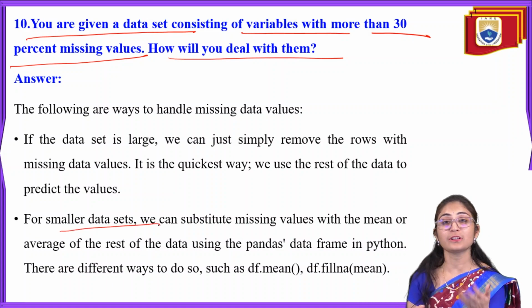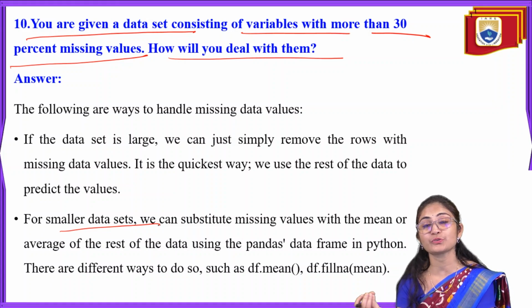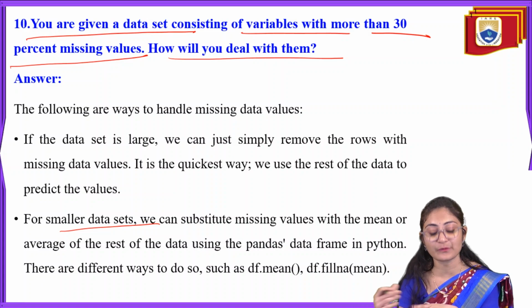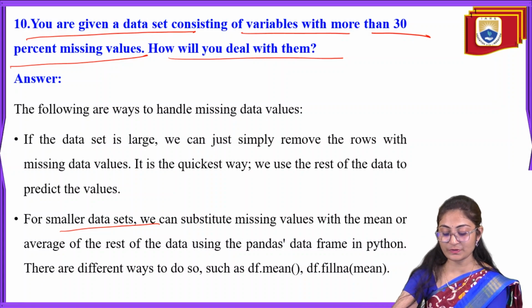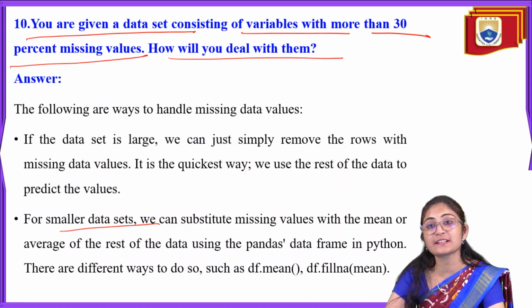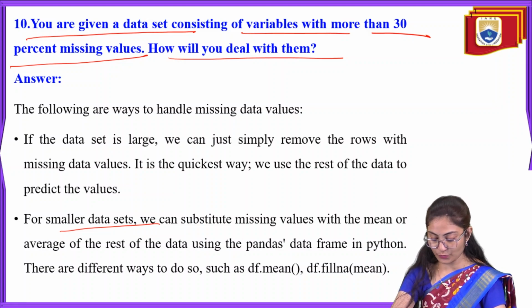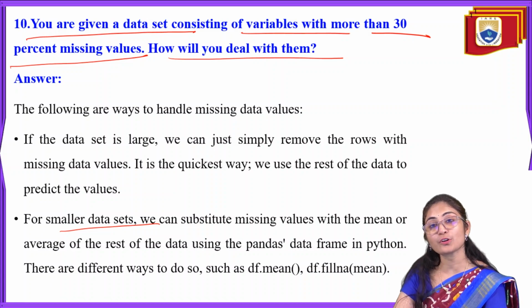If you have a smaller data set, then we can replace some missing values with the mean or average of the rest, using, for example, a pandas data frame in Python.